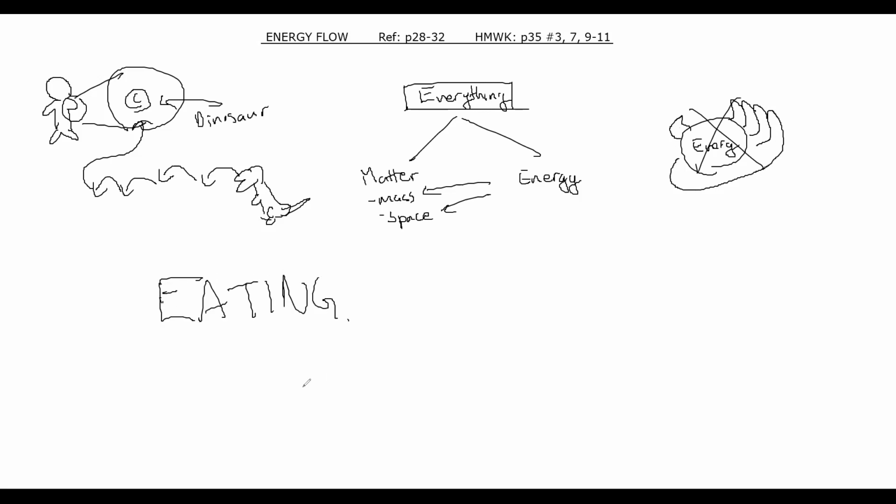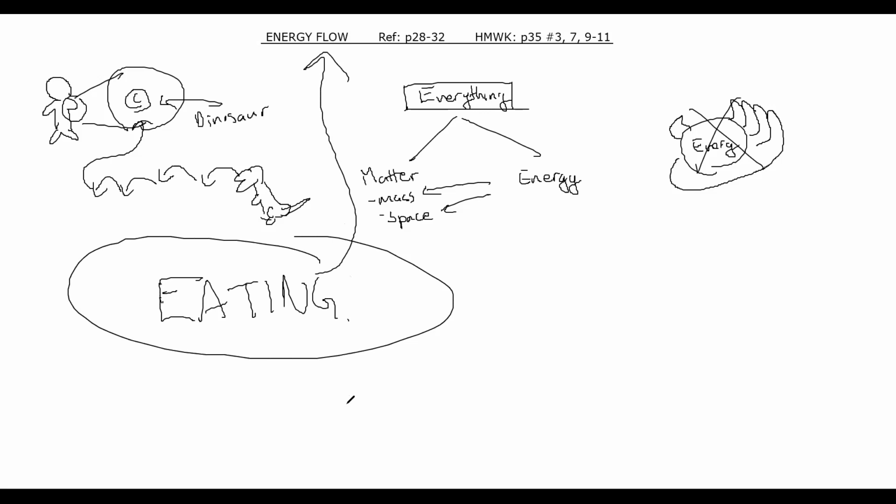We can gain energy by eating. So if we want to talk about energy flow, we first have to talk about eating. And if you want to talk about eating in nature, we have to hammer out some ecology terms or definitions regarding the food chain. And that is what you will see in your summary notes, okay?